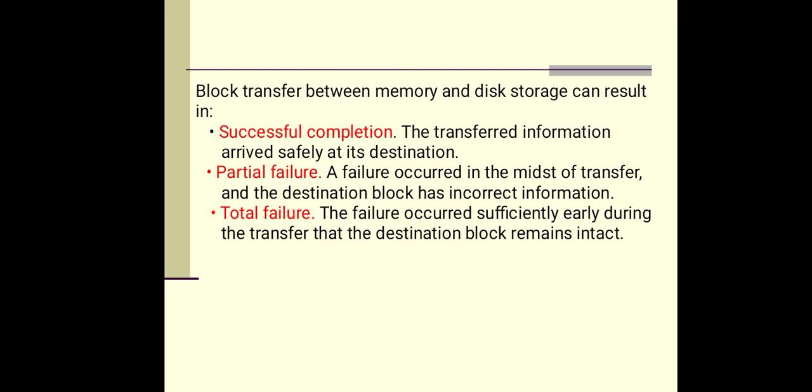The data is not totally transferred at the destination, because a failure occurred at the time of transfer. Total failure is the failure occurring sufficiently early during the transfer that the destination block remains intact.